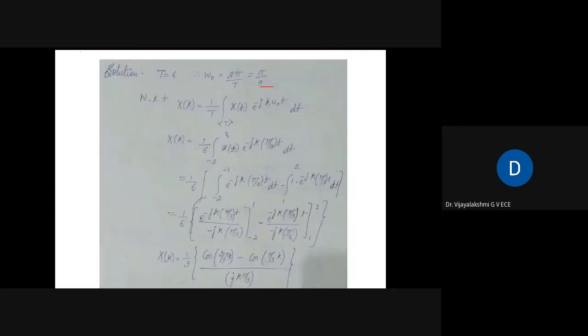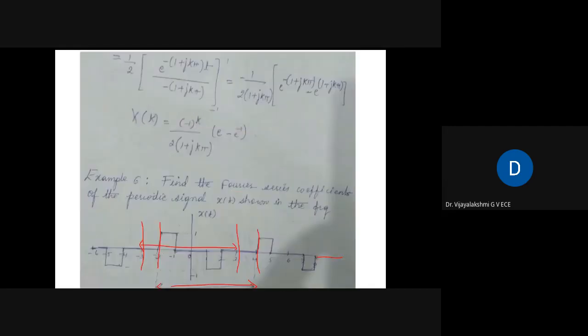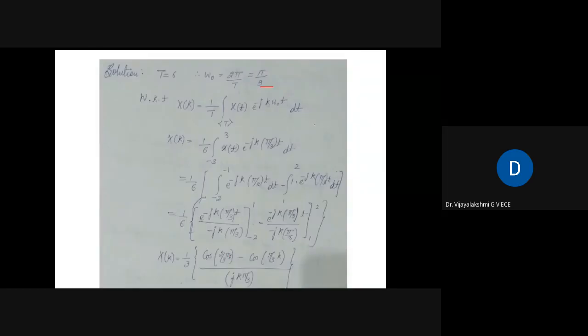Otherwise it is 0, right? So as per that we have separated the terms. From minus 3 to 3 it is separated as minus 2 to minus 1, because from minus 2 to minus 1 it is 1, and once again from 1 to 2 it is 1.